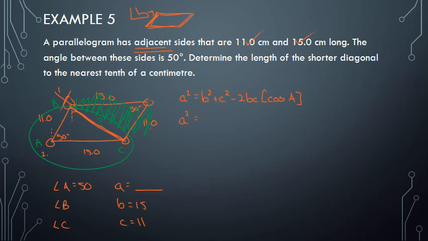Okay, a squared equals 15 squared plus 11 squared minus 2 times 15 times 11 cos 50 degrees.